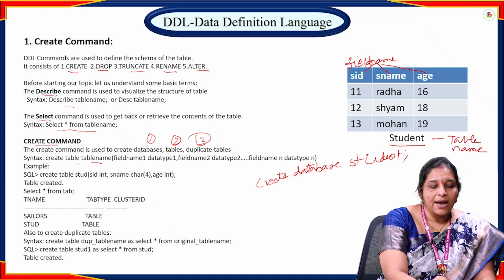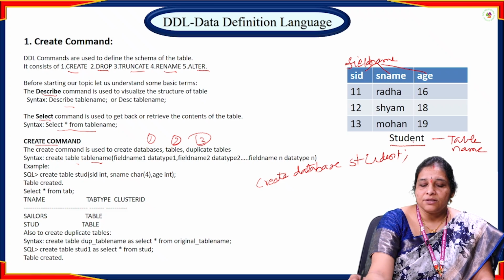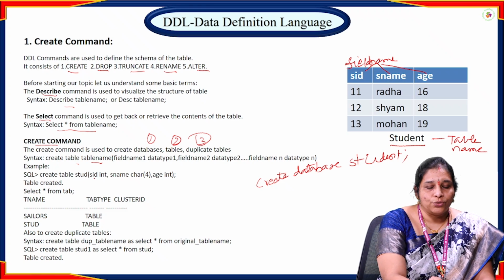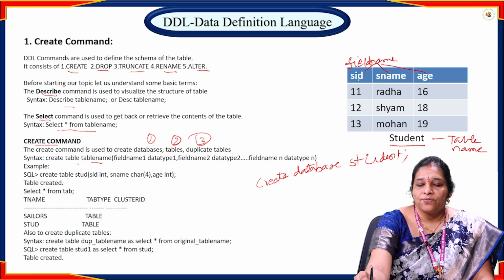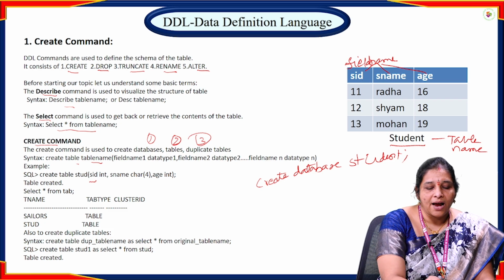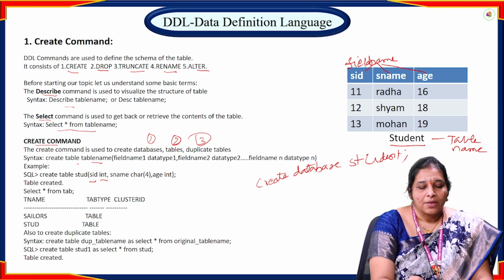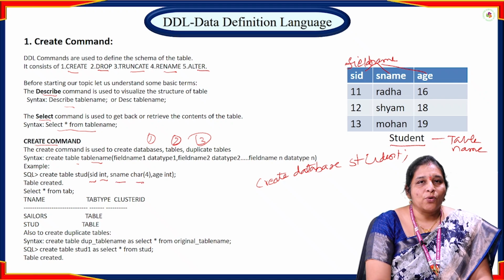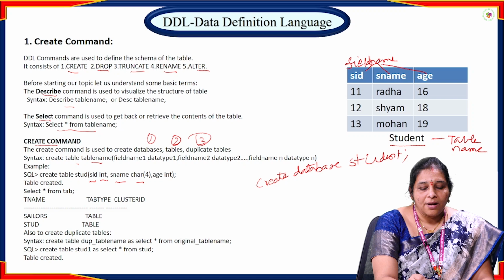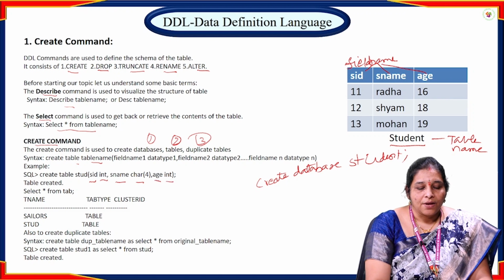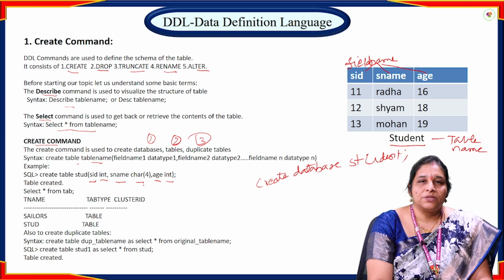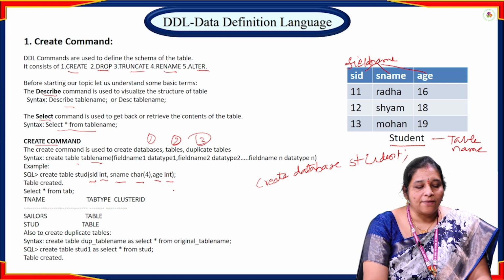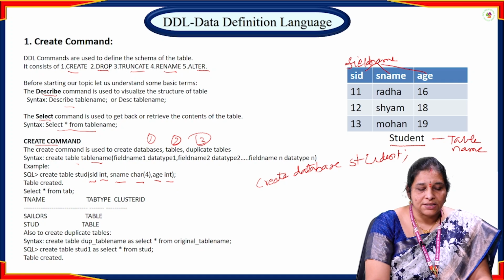The table name here is STUD, followed by the first field SID and its associated data type. Next one, SName followed by its associated data type. I am going to take here character and the size. Age followed by integer. Each and every field is separated by comma, and we close that, and each and every SQL statement should end with semicolon.